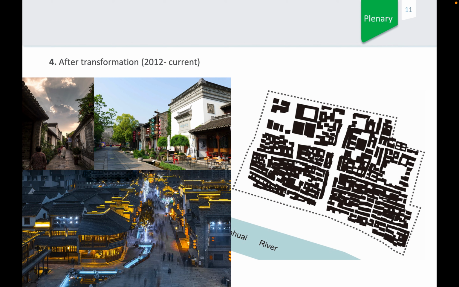The goal of the plan is first to renew the old area, and second to further enhance the cultural characteristics of the city. The local residents were erased along with the old houses, and were relocated to other urban areas.